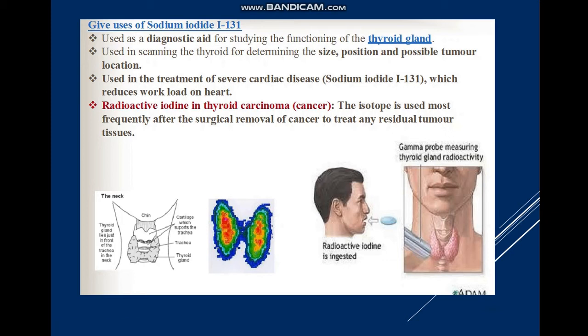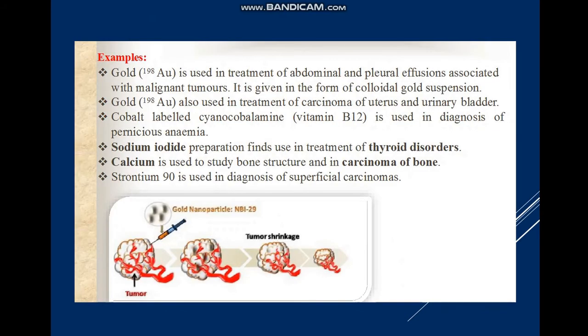The isotope is used most frequently after the surgical removal of cancer to treat any residual tumor tissue. That is, these radioactive elements we can use in medicine, in diagnostic radiology, and in radiotherapy, especially for treatment of thyroid gland cancer.